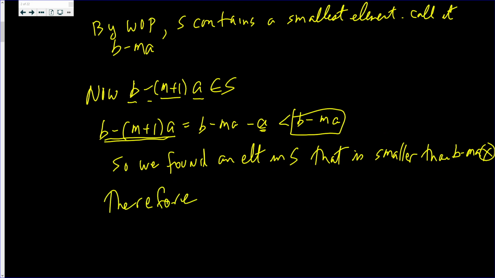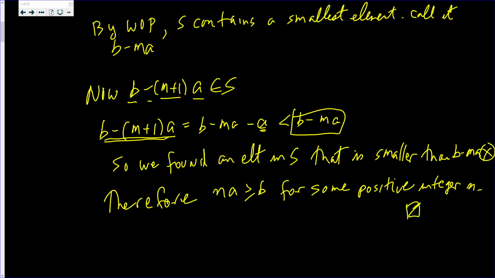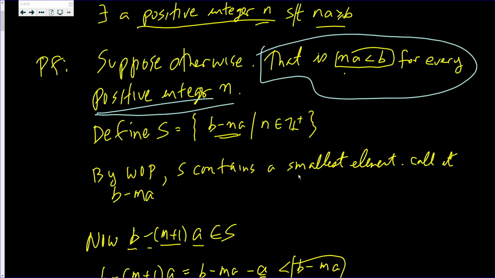Therefore, na is not less than b. That is, na is greater than b for some positive integer n. And that's just what we wanted to prove.